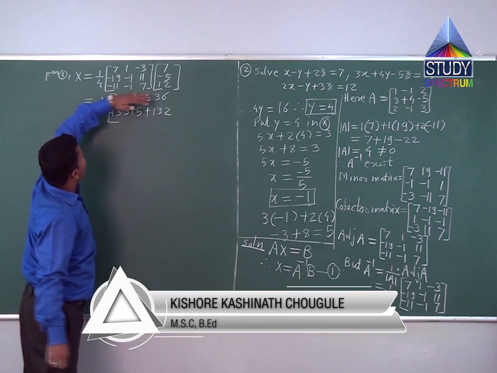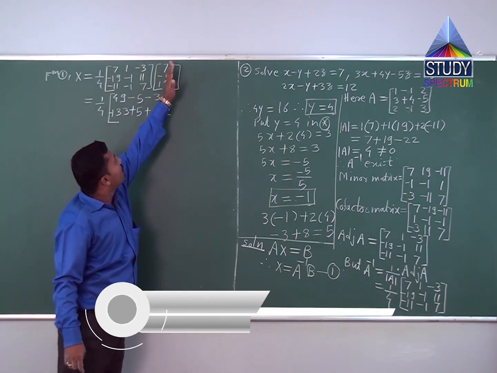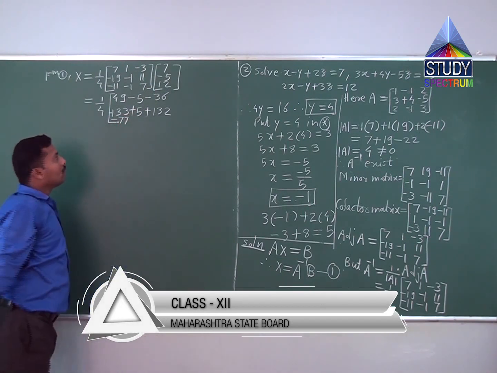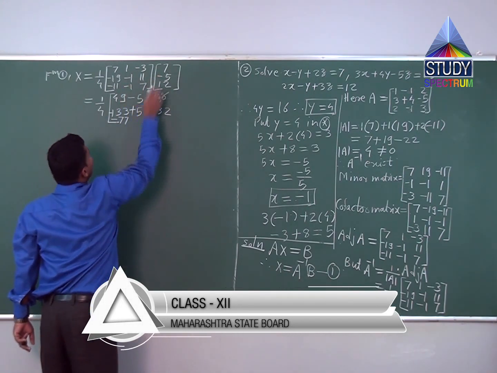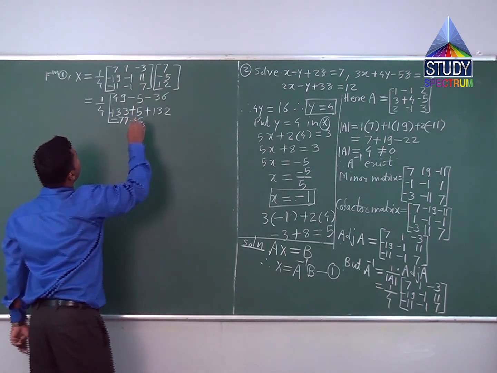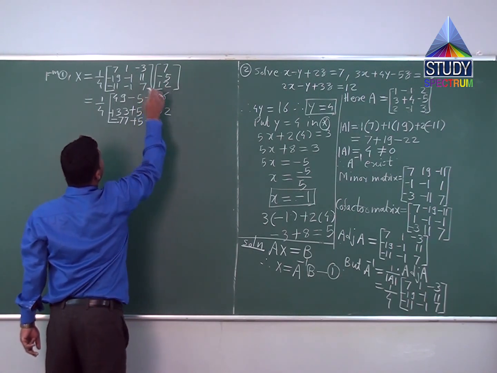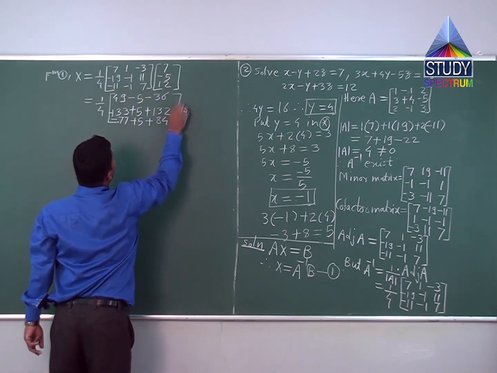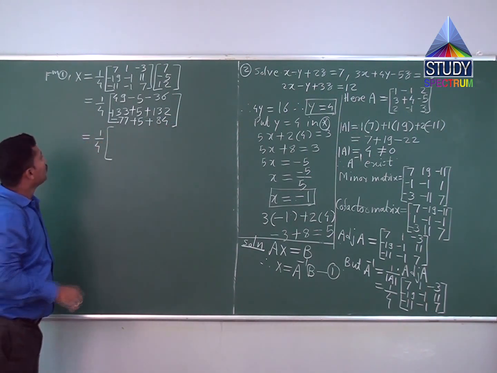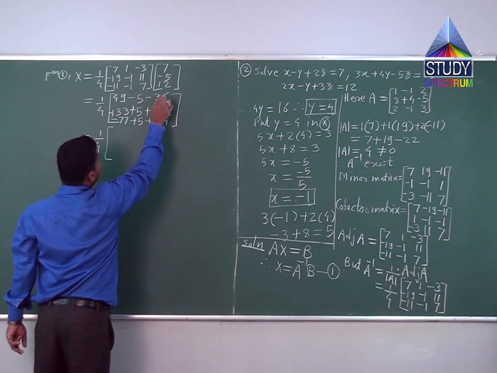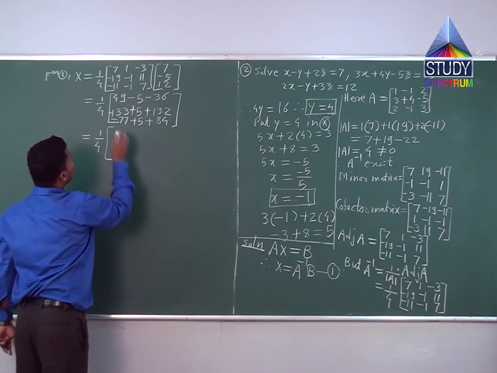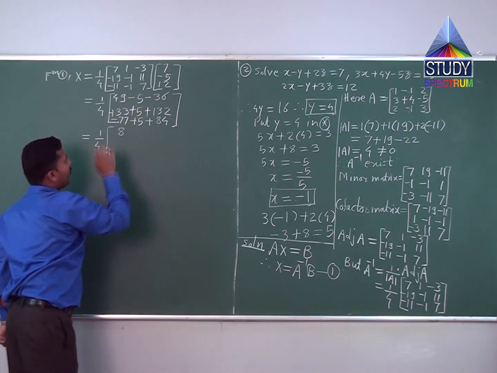Third row, first column: minus 11 into 7, minus 77, plus 1 into 5, plus 12 into 7, 84, equal to 1 upon 4. So minus 5 minus 36 is minus 41, 49 minus 41, only 8.